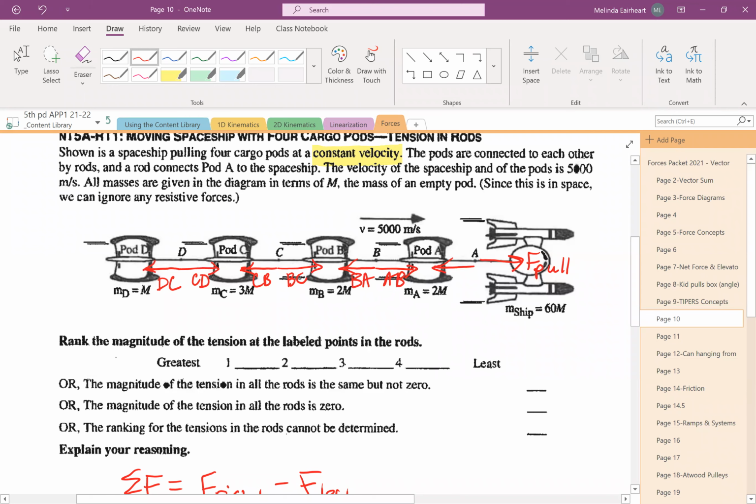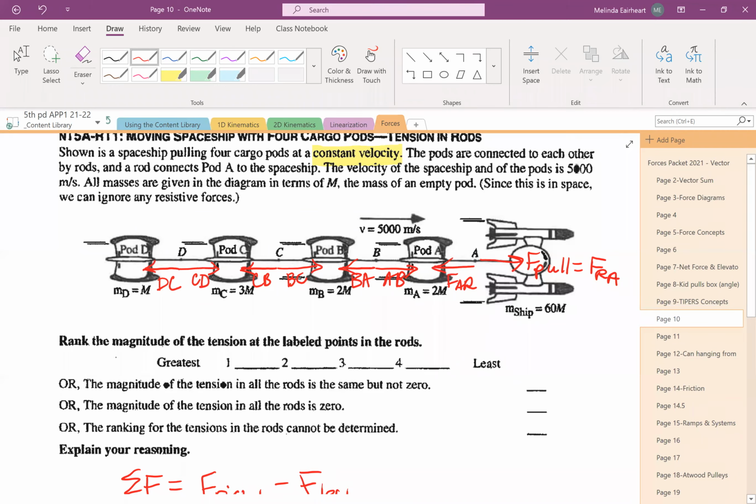And then here, the rocket pulls on A, and A pulls back on the rocket. So however you want to label that, AR, and this pull force could be labeled RA. And so we know at each point they're equal and opposite.